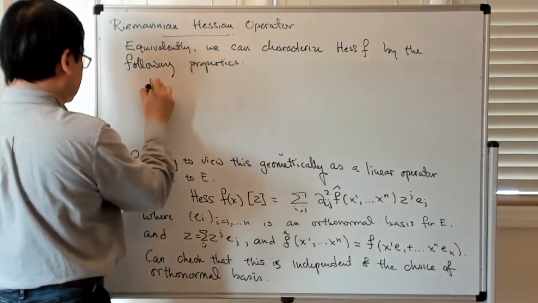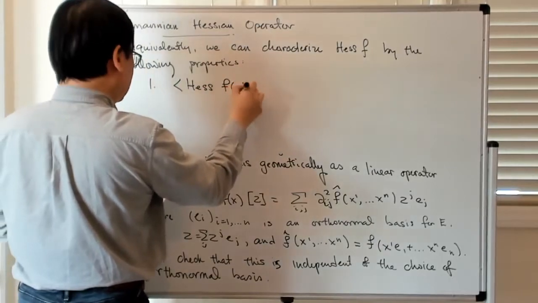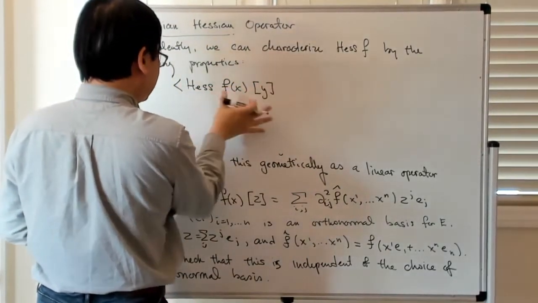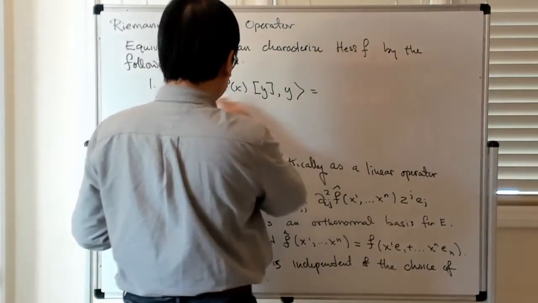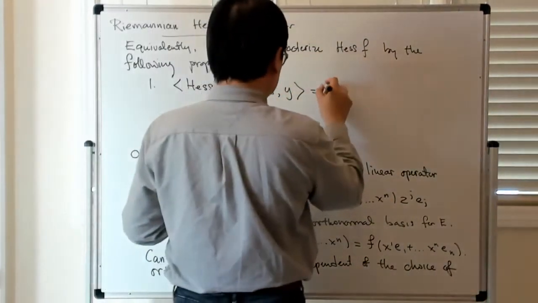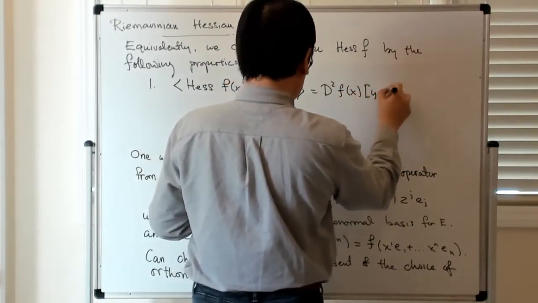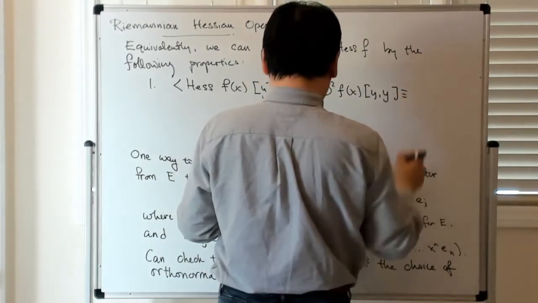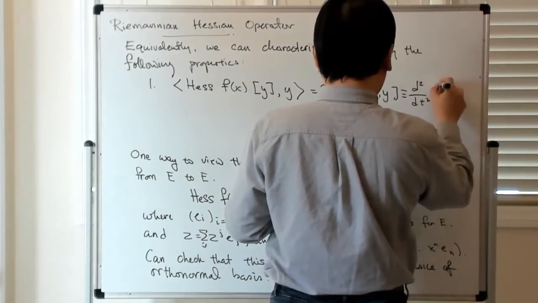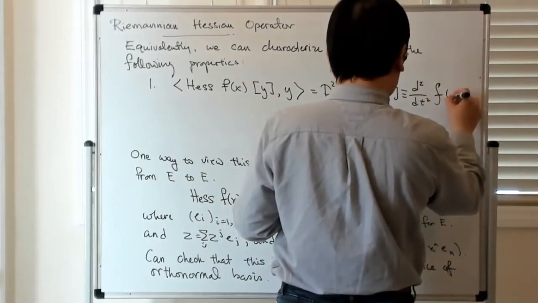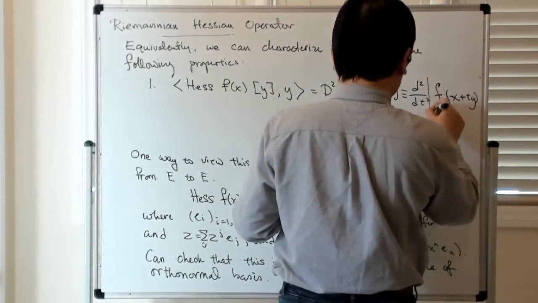The first of which is that Hessian f of x acting on a vector y, which gives me some other vector, paired with y itself via some inner product, is equal to d squared f of x acting on y, which is defined to be d squared dt squared of f of x plus ty, evaluated at t equals 0.